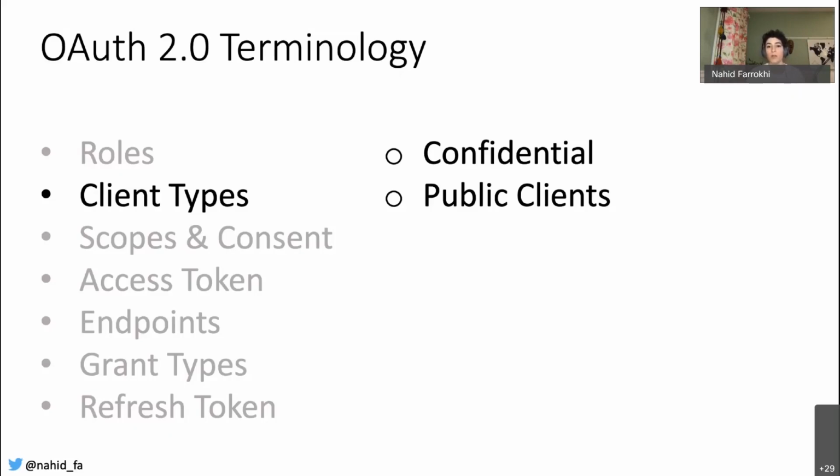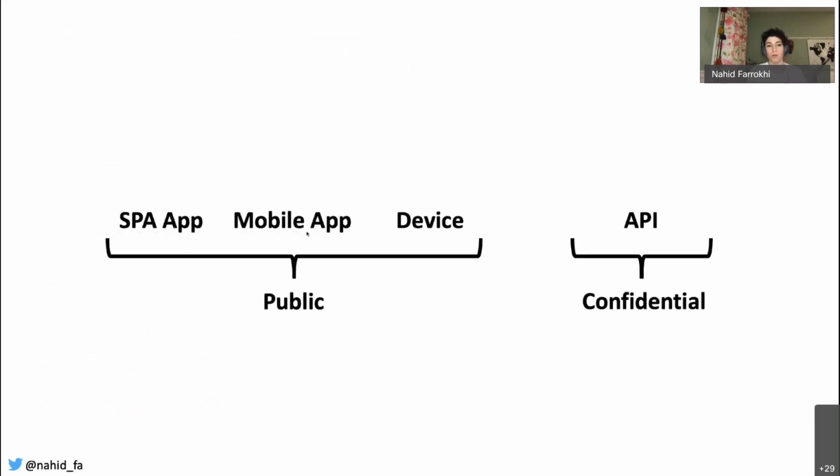The public client is not like that. They are unable to hold the secret securely. As an example, SPA apps, mobile apps, and devices are public clients. They run in the browser, on the internet, and devices are owned by a user. Imagine a smart TV in people's houses.